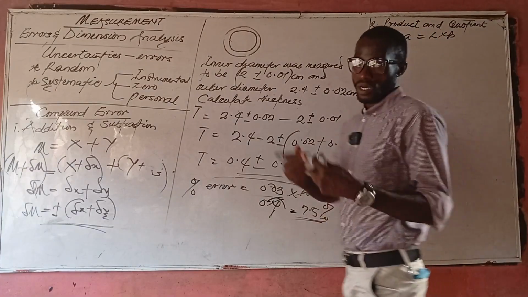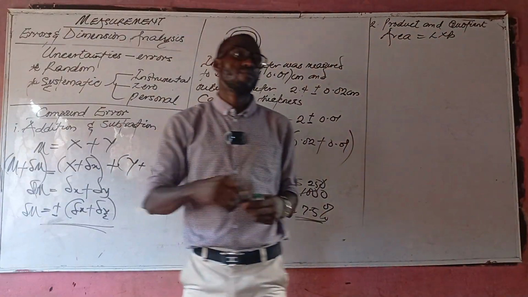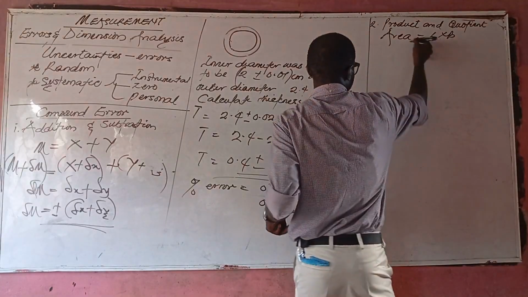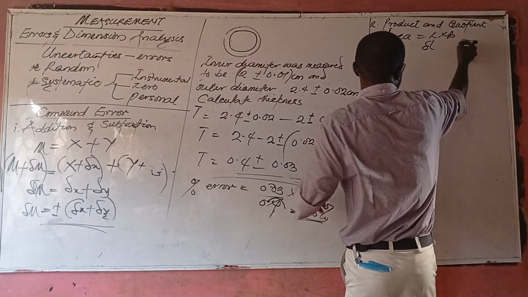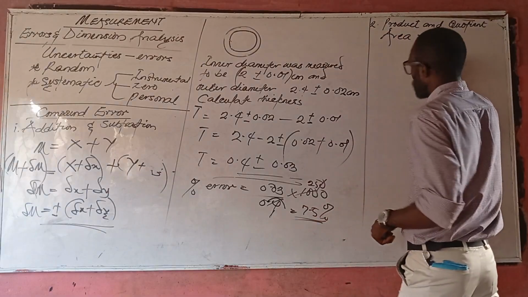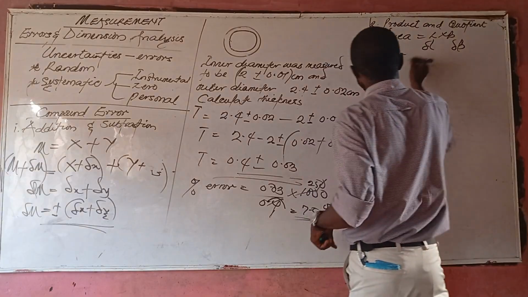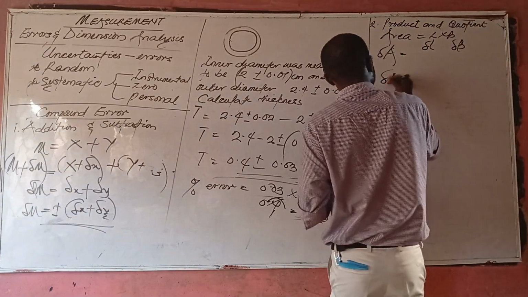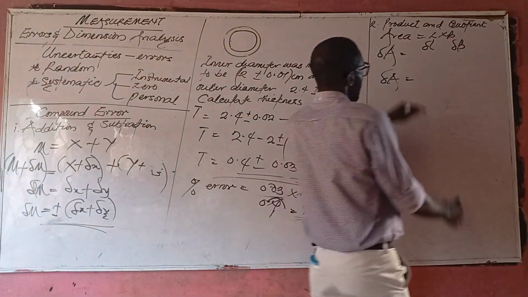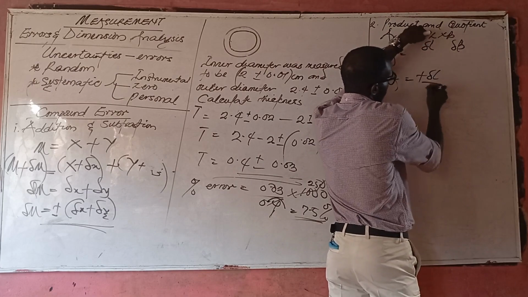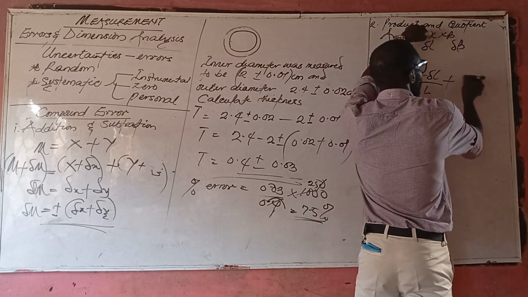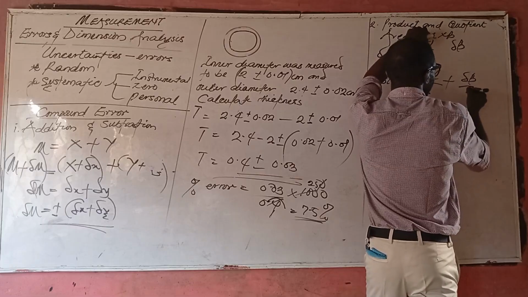Now, if you commit a small error dl in length and a small error db in breadth, it will compound to dA. So the formula for dA is plus or minus dl over L plus db over B.